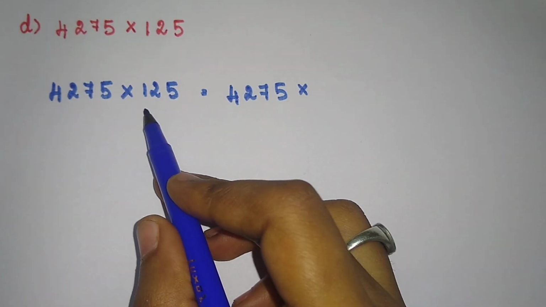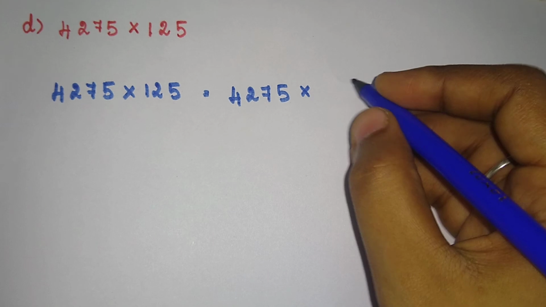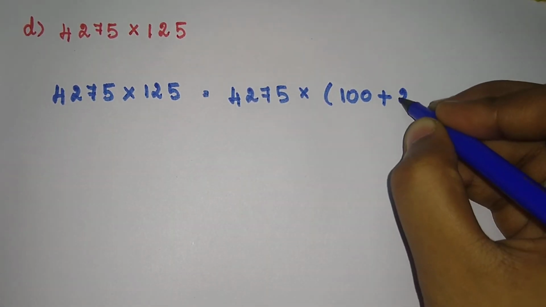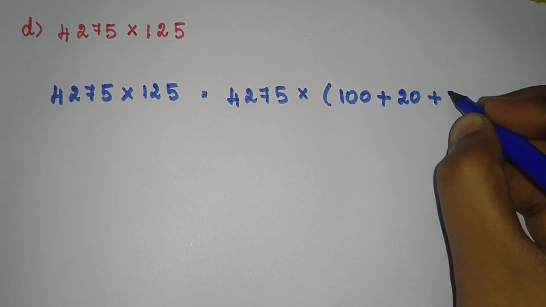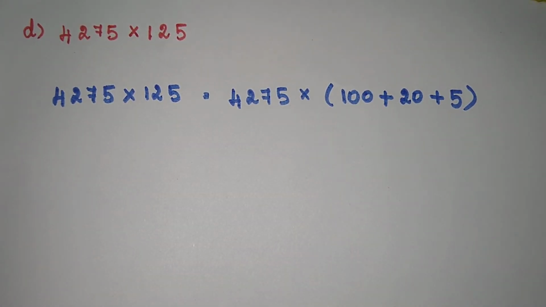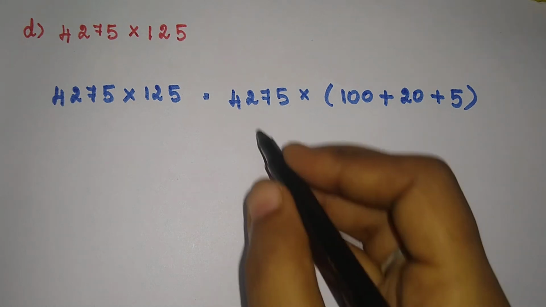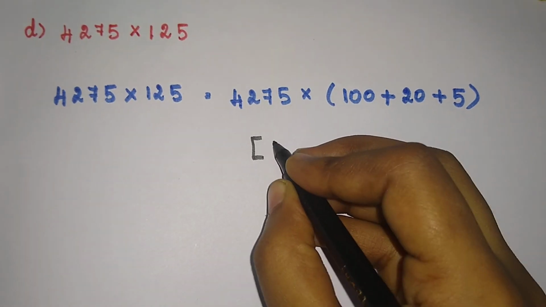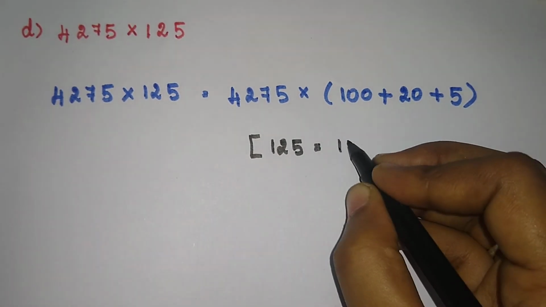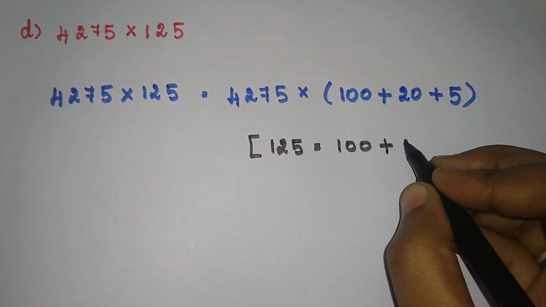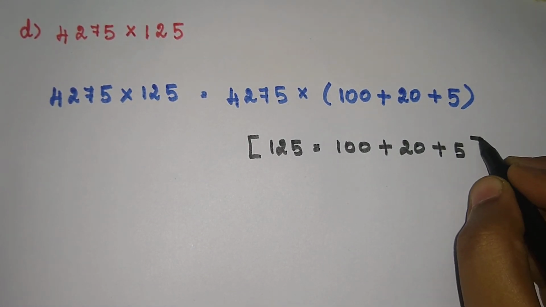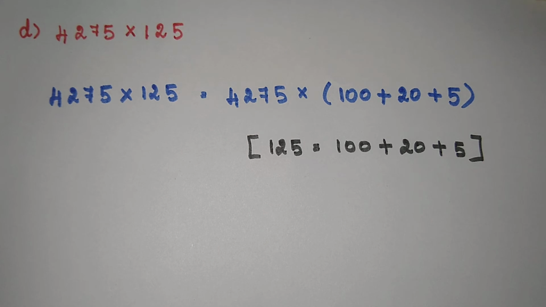We have to split 125 as 100 plus 20 plus 5. Okay. So we have to write it in a bracket. We can write 125 equal to 100 plus 20 plus 5.